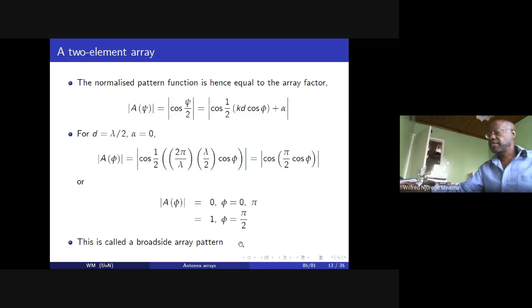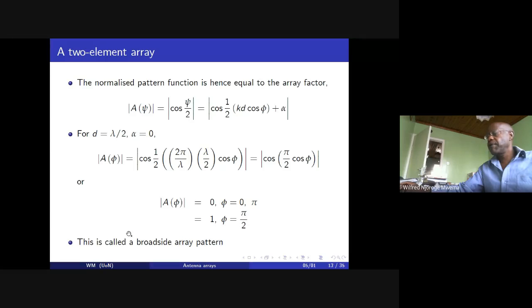This is usually called the broadside array pattern because it's radiating normal to the axis of the array. The radiation pattern will have a null along the array axis, but it will be maximum at 90 degrees to the array, and it will be a given value as phi changes from 0 to pi above the axis itself.